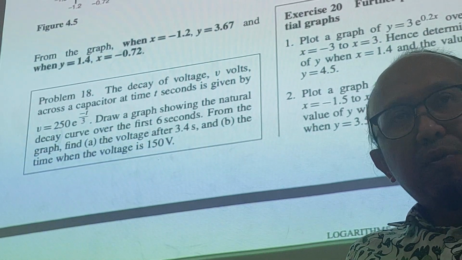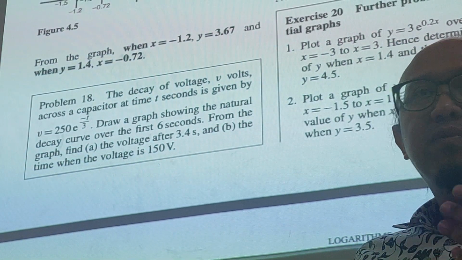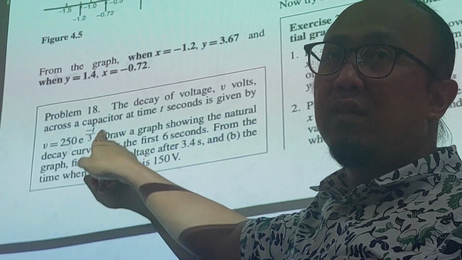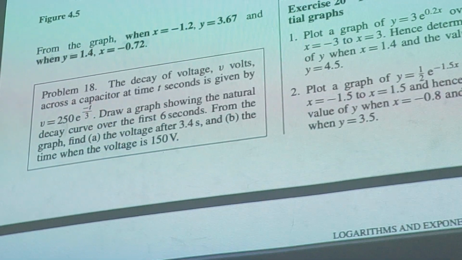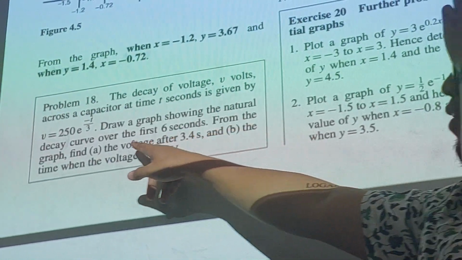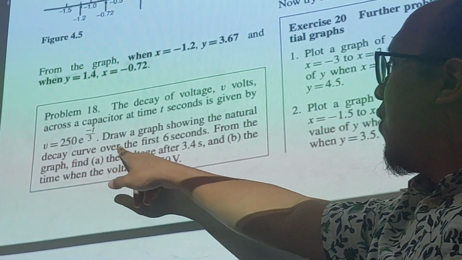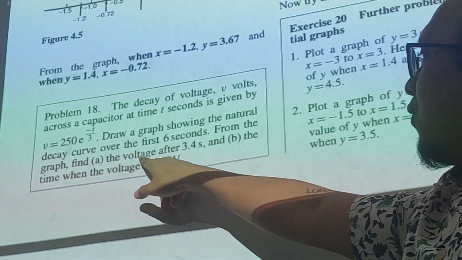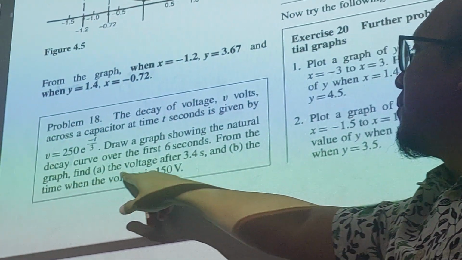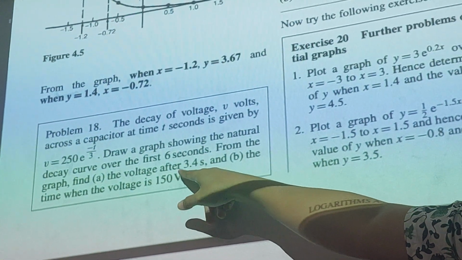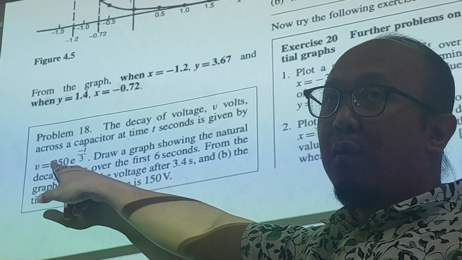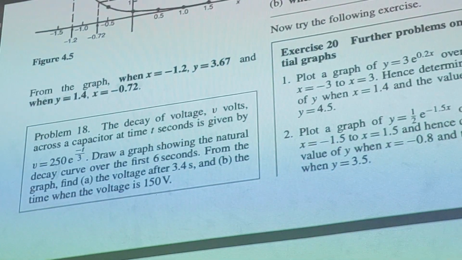But after the capacitor is used many times, the voltage changes following this equation. You have to find the decay curve over the first 6 seconds, the voltage after 3.4 seconds, and the time when the voltage is 150 volts, so from 250 to 150.